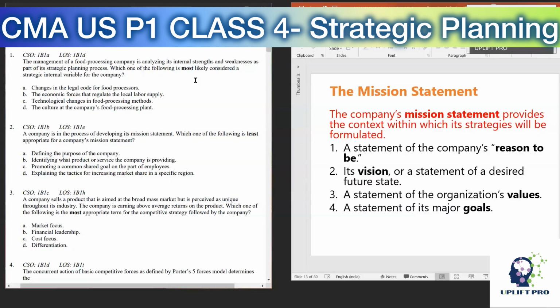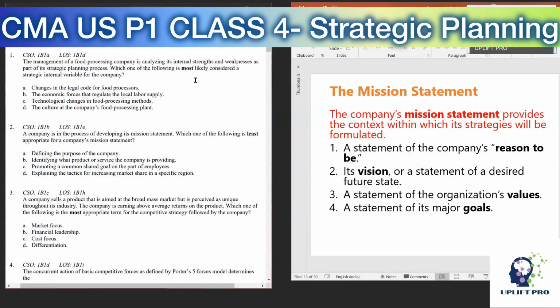It's sold in the market, but it has one unique feature which gives it an edge over its competitors, because the competitors don't have that unique feature. That is why it is able to sell at a slightly higher price than its competitors, but at the same time still sell in the mass market. That is product differentiation.